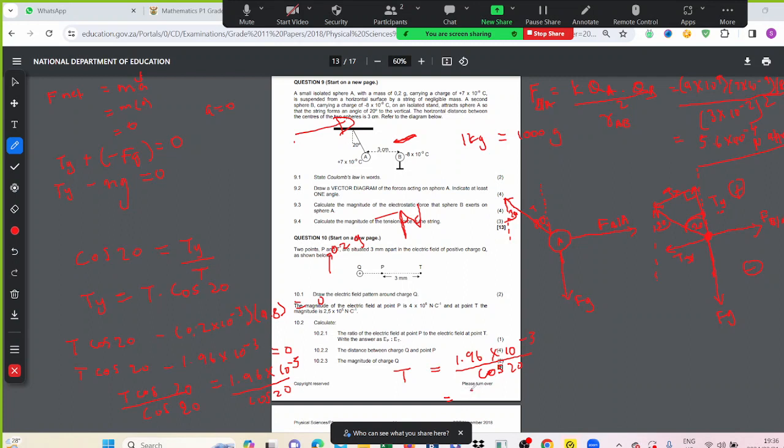It's 2.09 times 10 exponent negative 3 Newton. So this is how you calculate the tension of this question. Do you have any question here? No question, Sipa. All right.